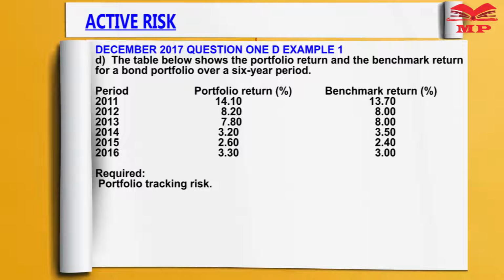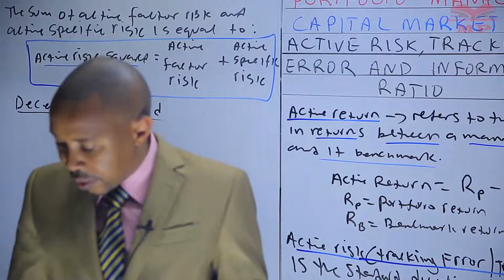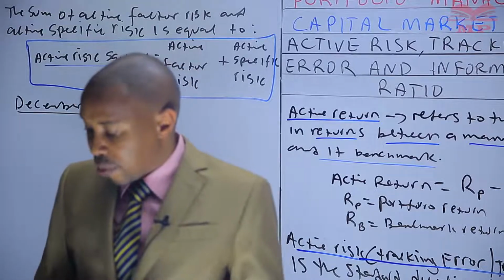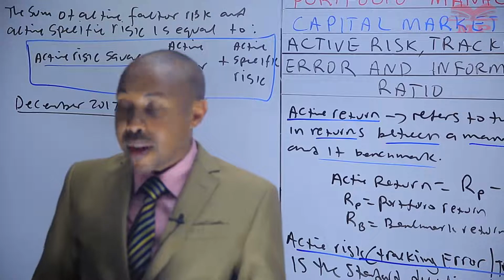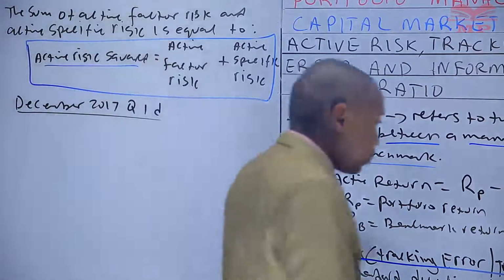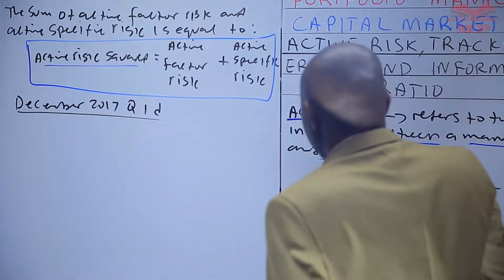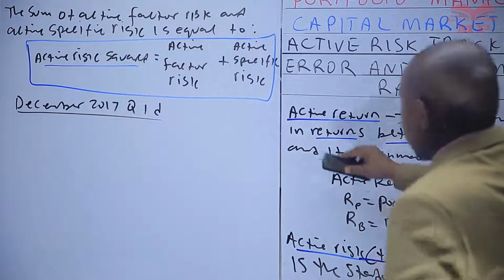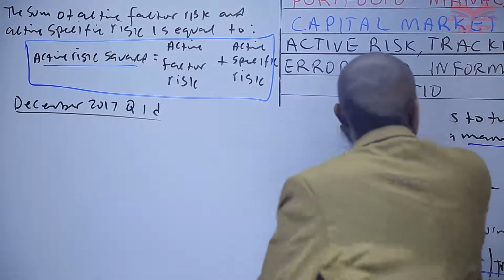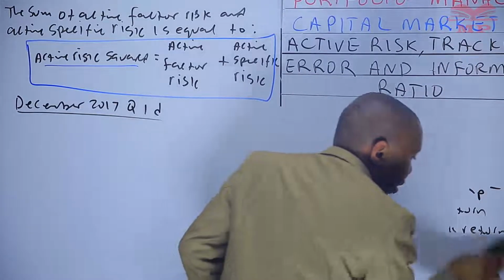So the first thing that we need to do is to write this down in the form of a table so that it can easily be analyzed and assessed. So let's do that right away. I need some space on this side so that we can draw that table together.